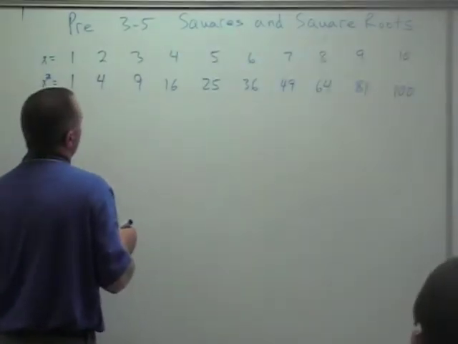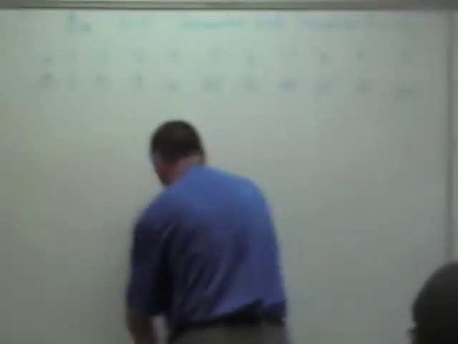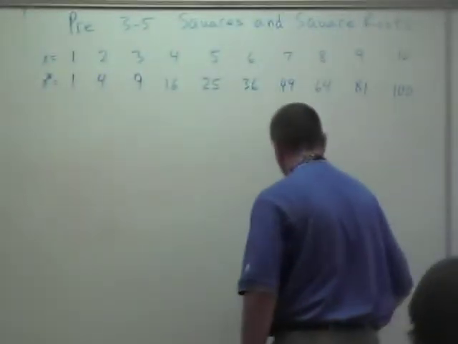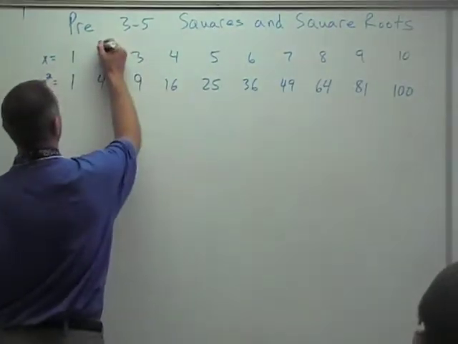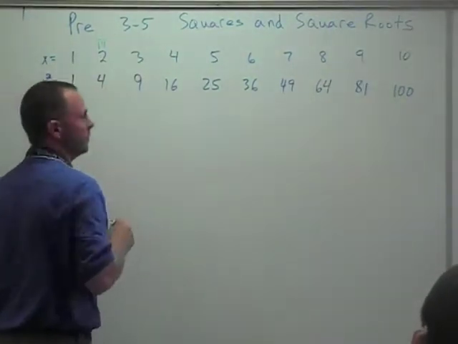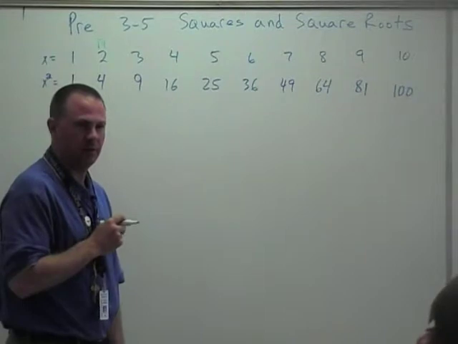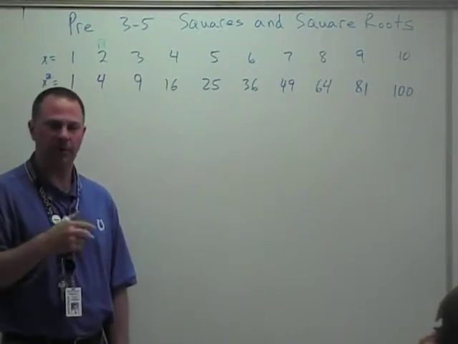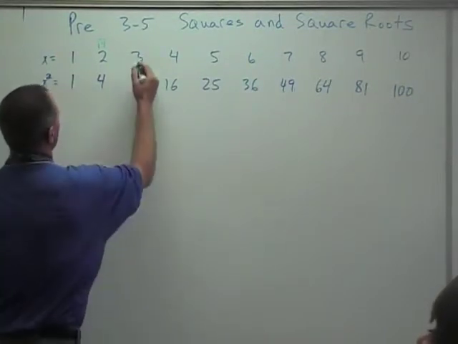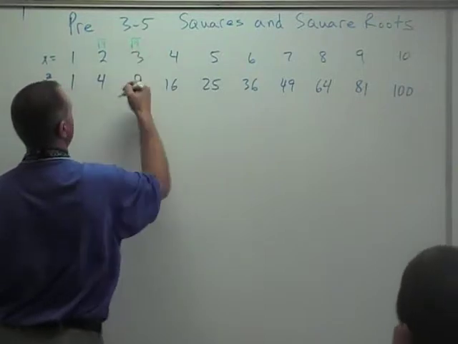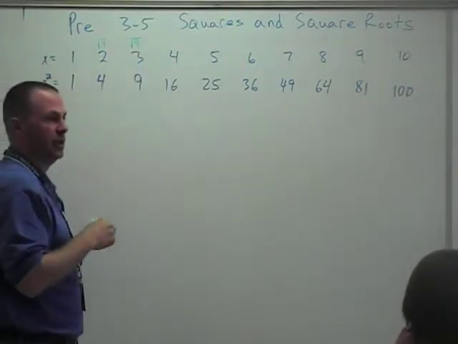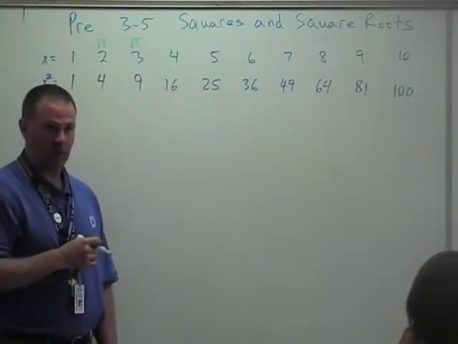So if I wanted the square roots, the square root of 4 is 2, right? Square root means what do you multiply by itself to get that number? So what do you multiply by itself to get 9? 3. The square root of 9 is 3, not the square root of 3.